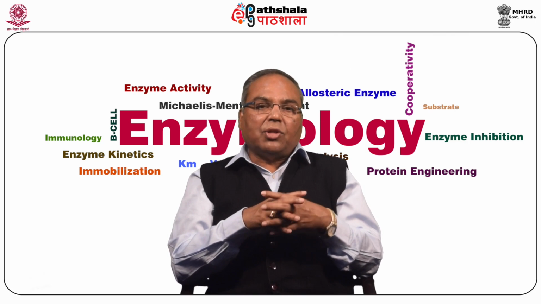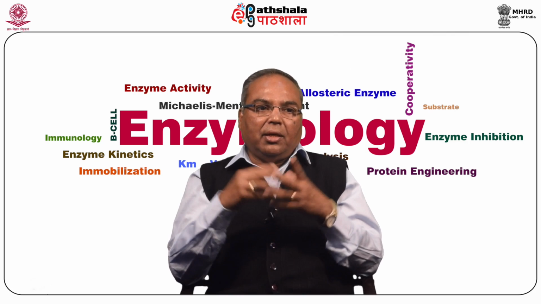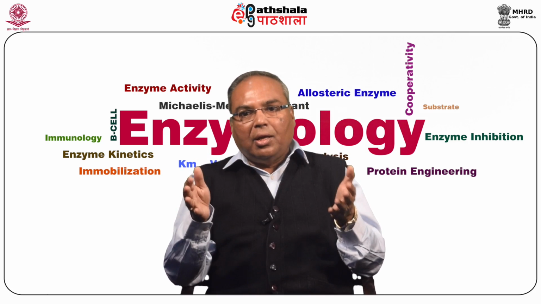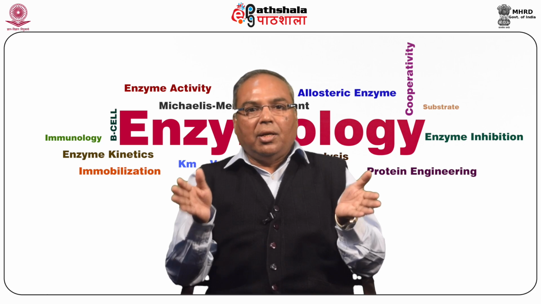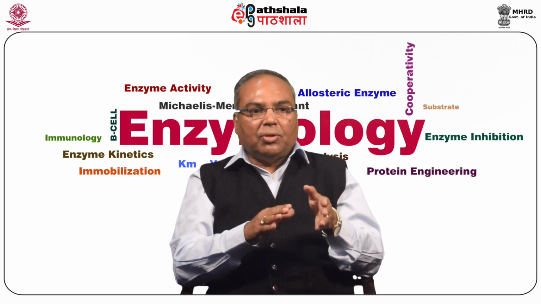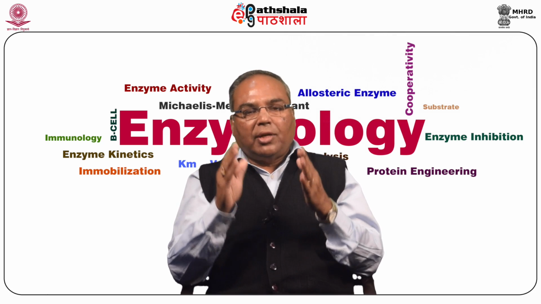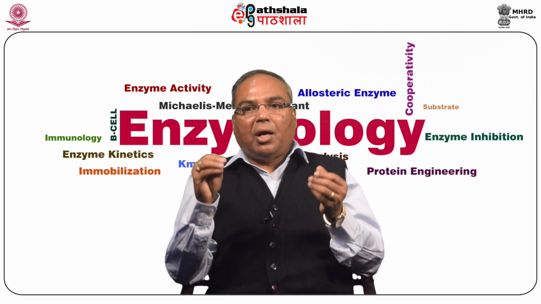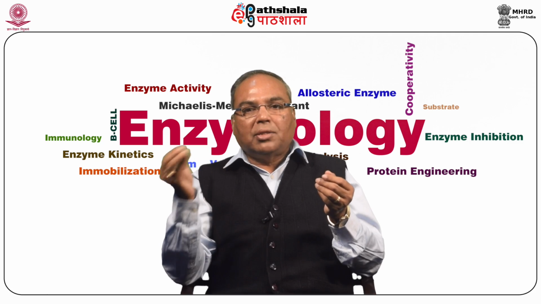In the case of other sophisticated methods like radioimmunoassay, enzyme immunoassay or fluorescence based immunoassay, the principle is the same in all these cases. We have to take a fixed amount of the antigen, a fixed amount of the antibody, and a fixed amount or any amount of the biological fluid.